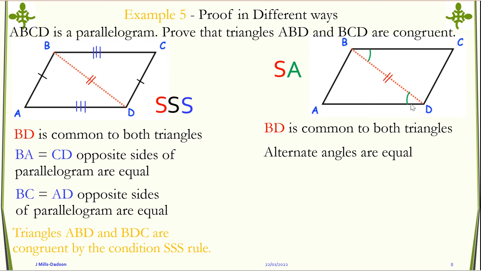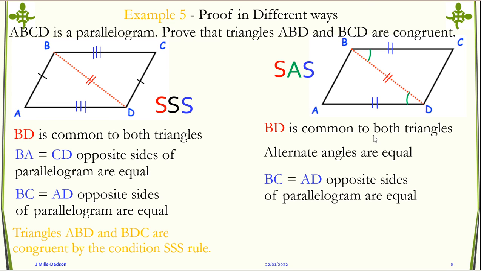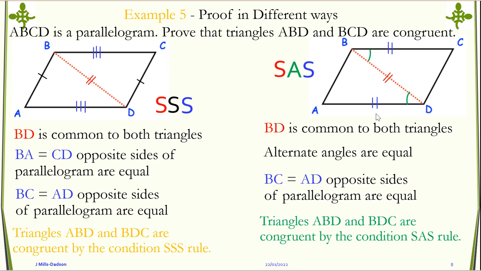So that is alternate angles, these two. And alternate angles are equal. We also know these two sides are equal because opposite sides of a parallelogram are equal. So we have side, angle, side. So that's another way of proving that these two triangles are congruent.